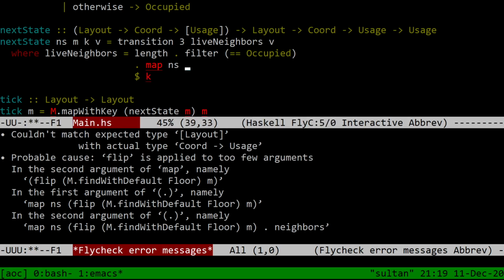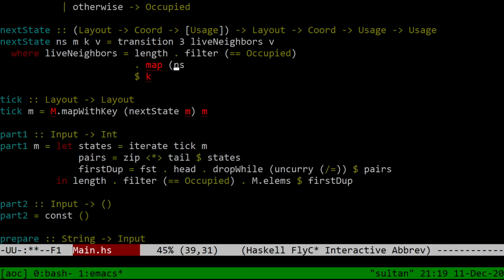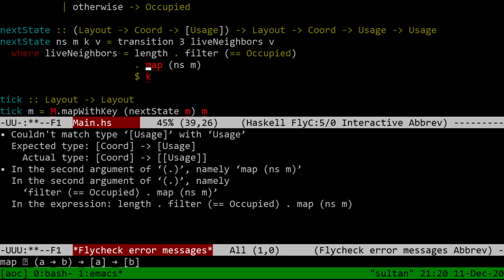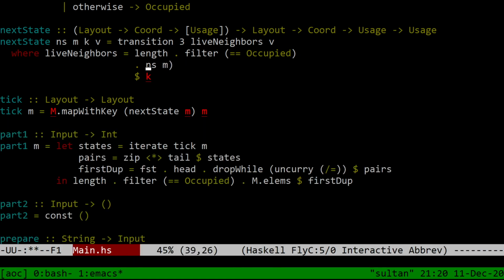No. Ends of M. No. What's wrong here? Oh, not map. Sure. Okay.